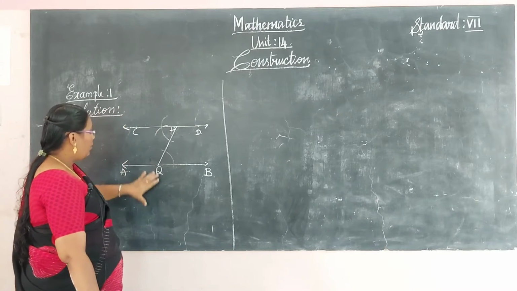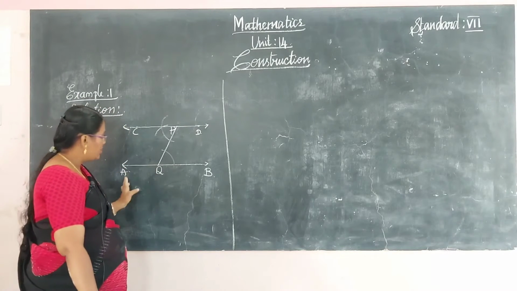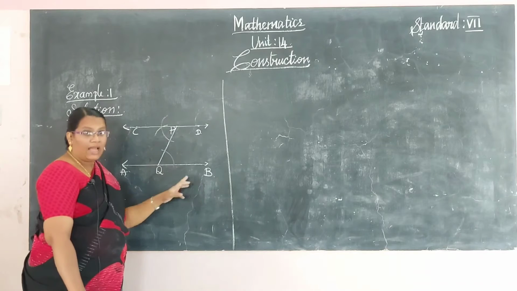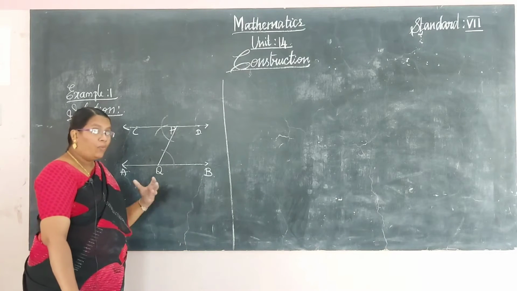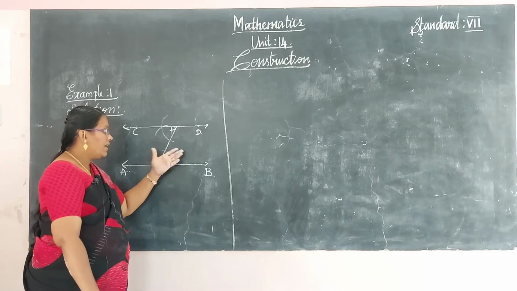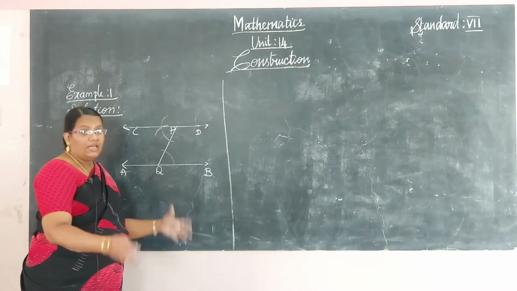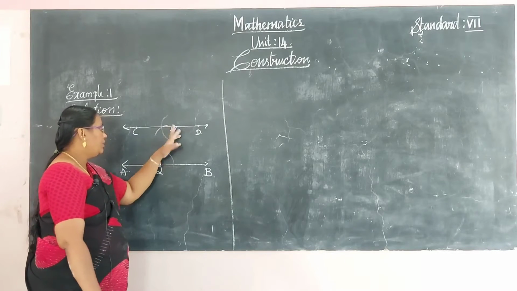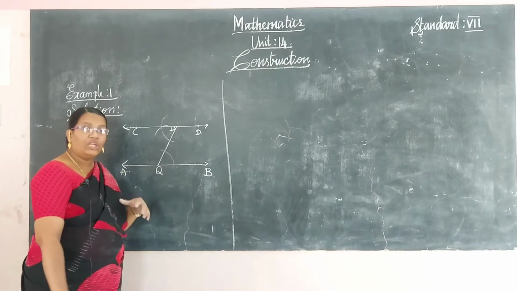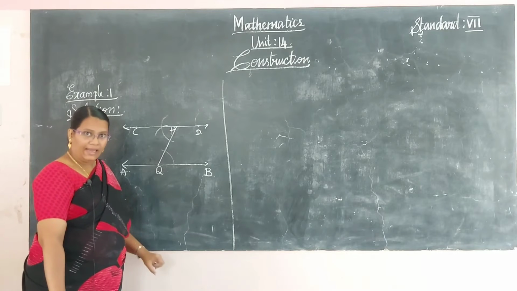After you have drawn this diagram, first you have to draw the line AB. Then consider a point P outside the line AB, anywhere, and plot that point. Then take Q on the line AB.